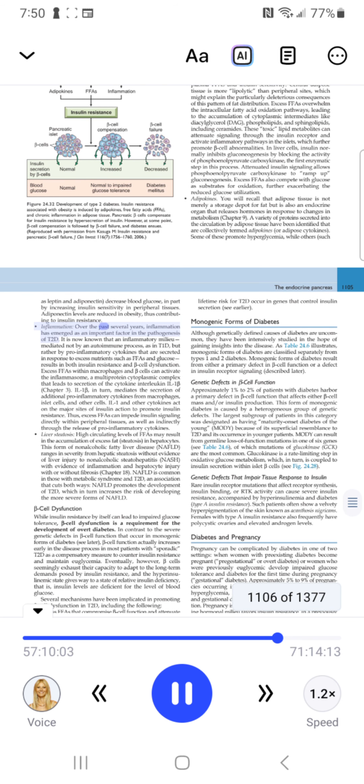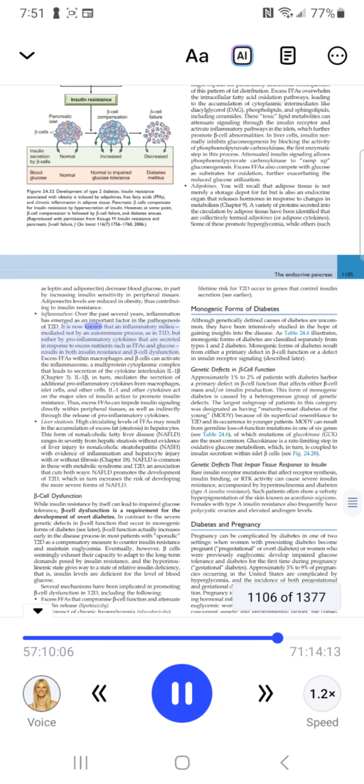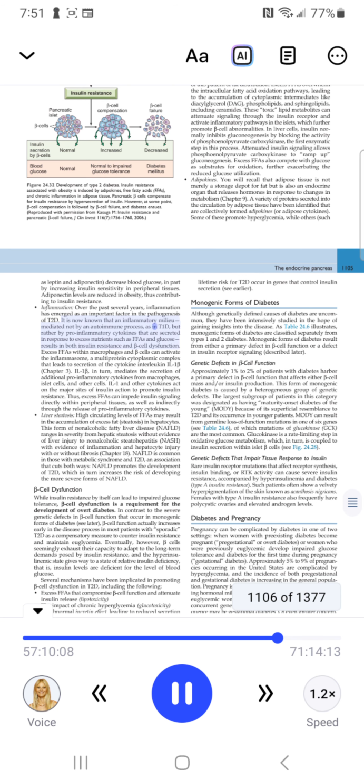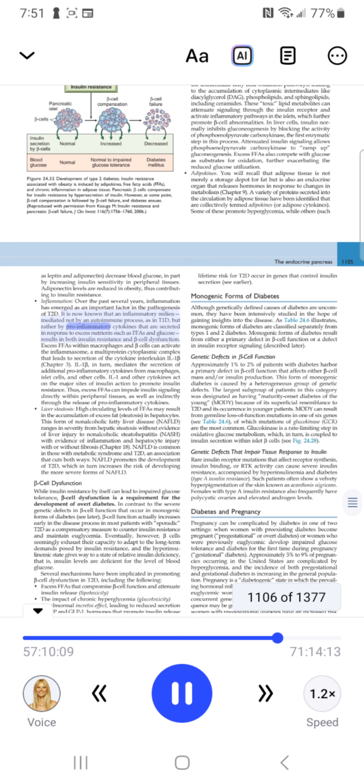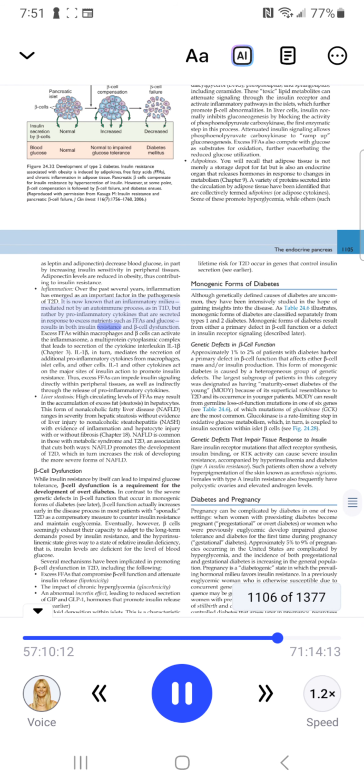Inflammation. Over the past several years, inflammation has emerged as an important factor in the pathogenesis of T2D. It is now known that an inflammatory milieu, mediated not by an autoimmune process as in T1D, but rather by pro-inflammatory cytokines that are secreted in response to excess nutrients such as FFAs and glucose, results in both insulin resistance and beta cell dysfunction.